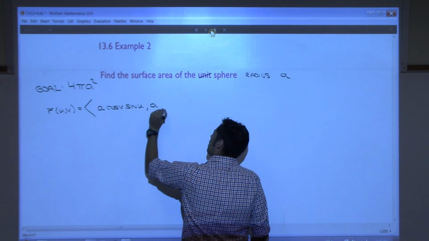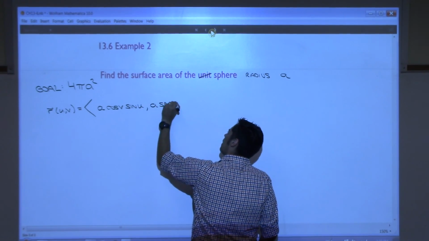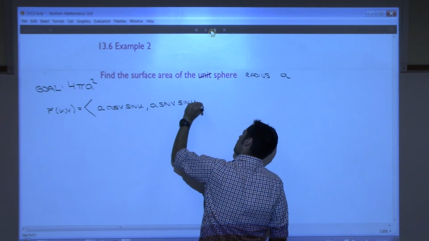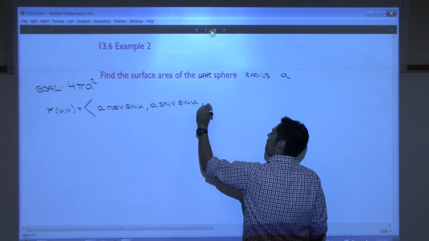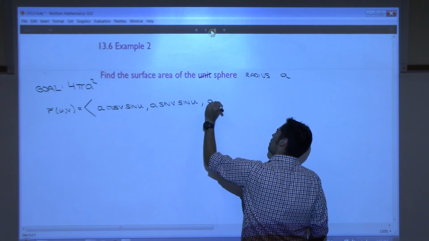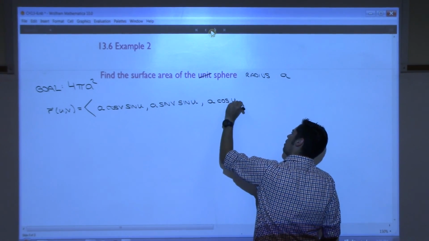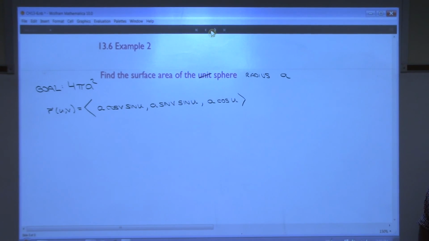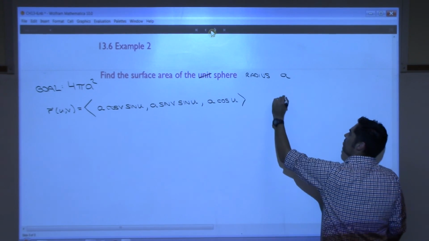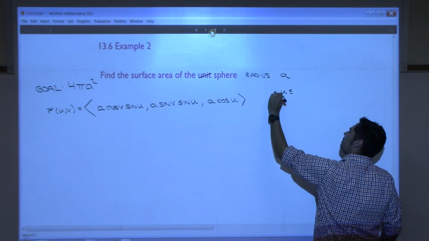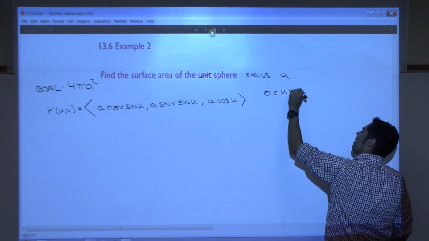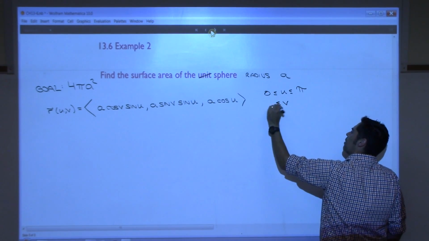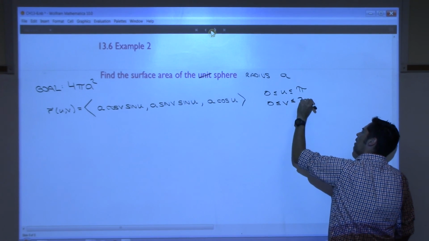And then a sine v sine u, or sine u sine v. Then the last one, a cosine u. Are we on the same page? My u's are between 0 and pi. My v's are between 0 and 2 pi. We still good?